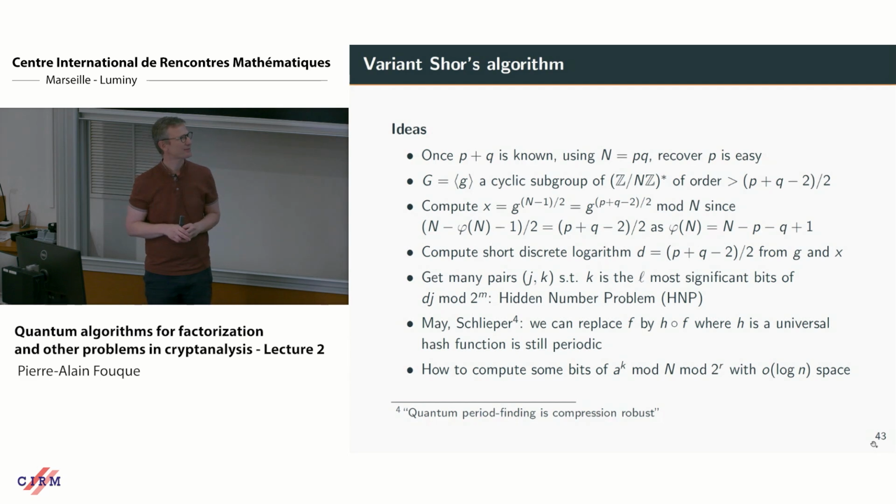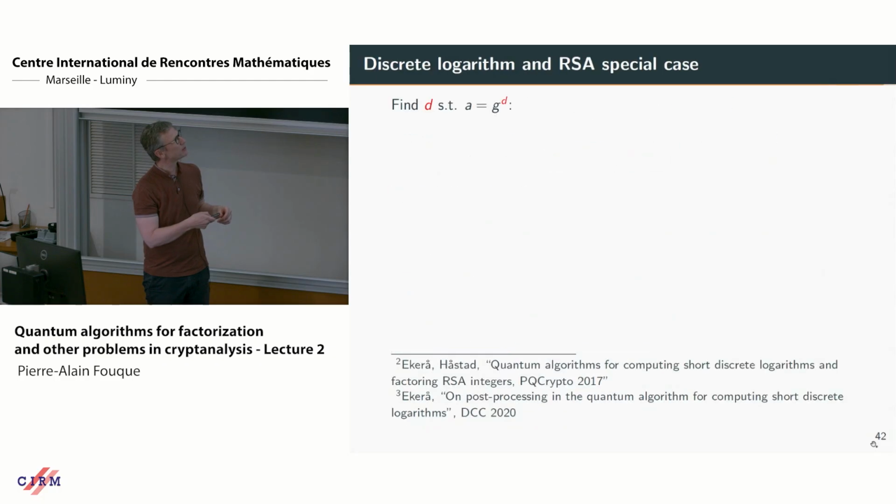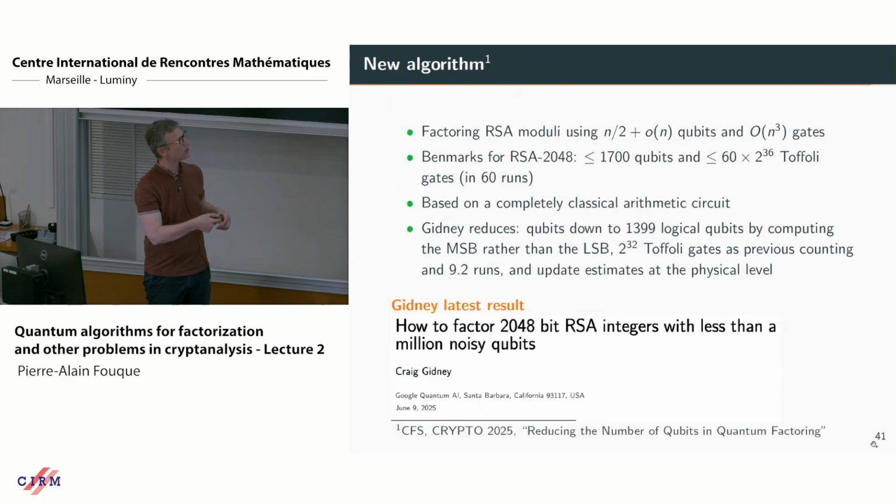So the numbers that Gidney evaluated, so Gidney shows in his paper here that with less than 1 million noisy qubits, you need in fact 1,400 logical qubits. Okay, so you see that it's more than 10,000. No, it's less. Yes, maybe it's less.